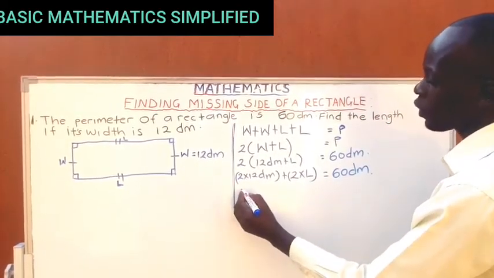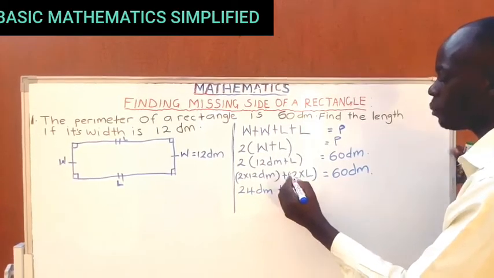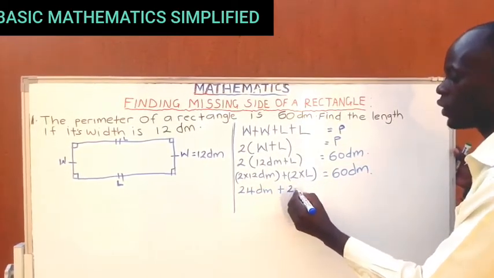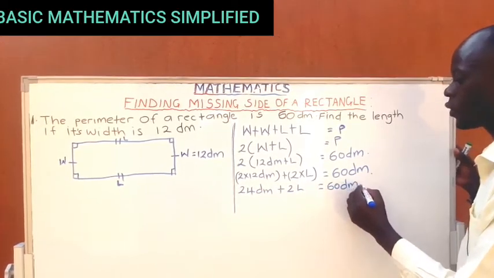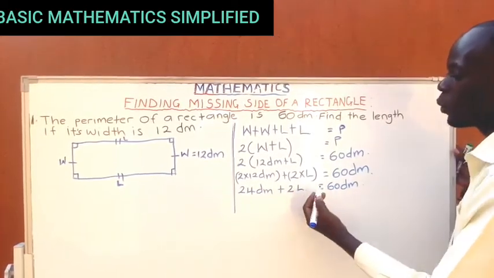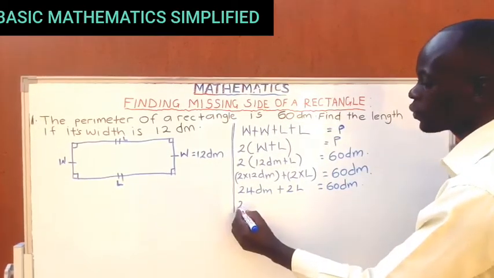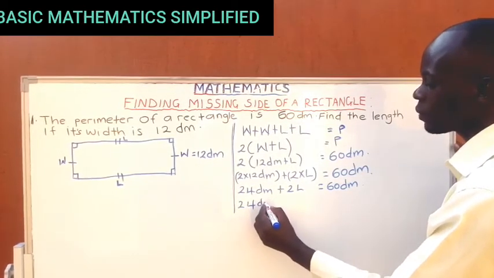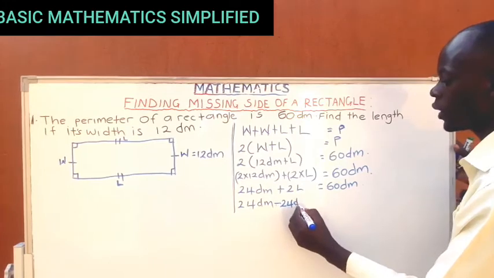So what is 2 times 12? That is 24 decimeters. Please, units are very important. When you are working out these numbers, you are supposed to keep the units constant. So from this point, we collect like terms. You remember, under our algebra, you take 24 decimeters to the right hand side. Since it's positive, we shall subtract 24 decimeters.